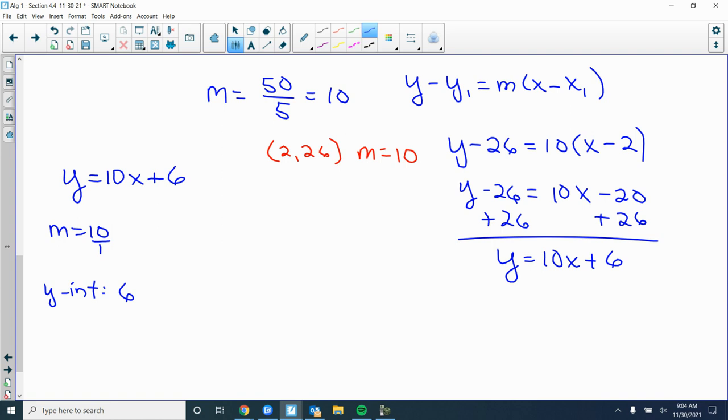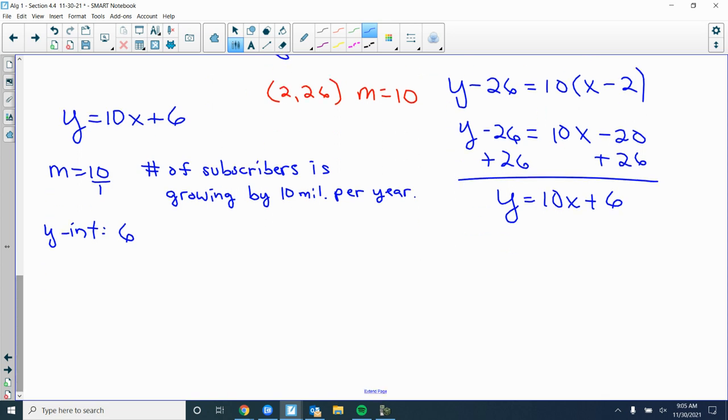But this would be, okay, so the number of subscribers is growing by 10 million per year. That's like my TikTok subscribers growing per day by about 10 million. So the number of subscribers is growing by 10 million per year.